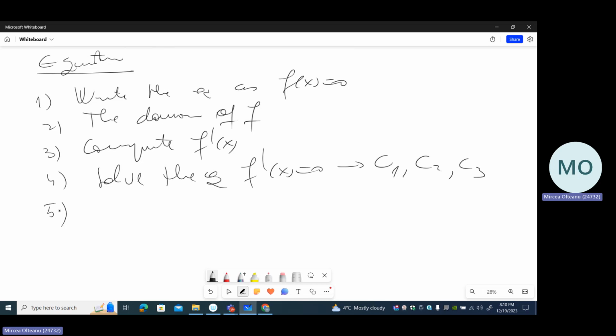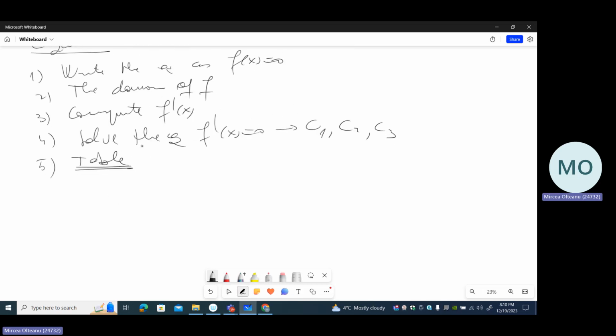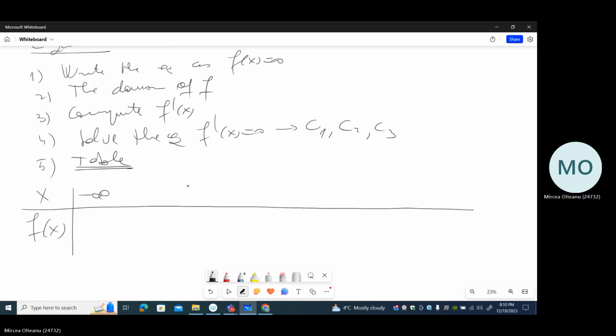And then we put all together in a table, which is as follows. It has two rows, x and f of x. On the first row, we put the domain of definition. Let's suppose it is the set of real numbers, for example, but not necessarily.